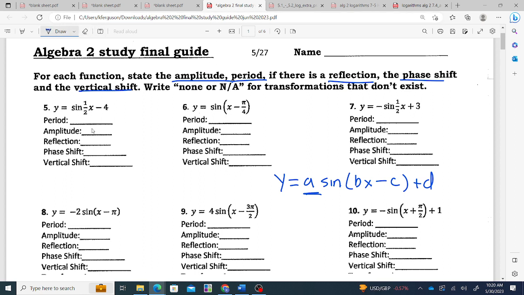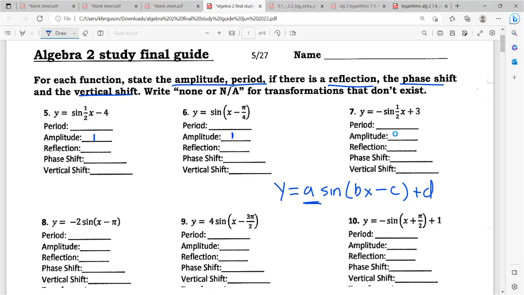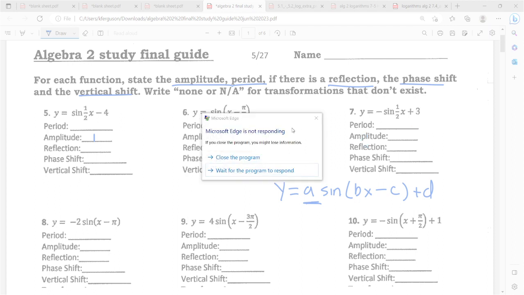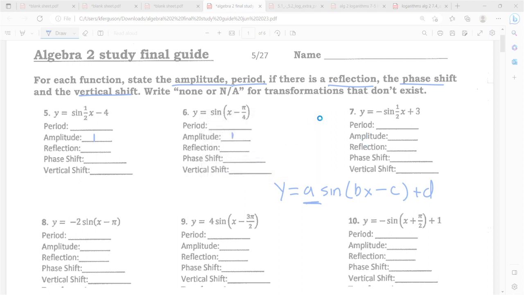Anyway, amplitude. Amplitude is one for the first one, the second one, the third one, and the fourth one, or excuse me, the sixth one. The amplitude is always positive, but I'll explain the negative in a second.